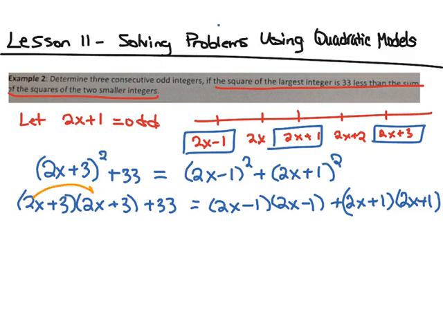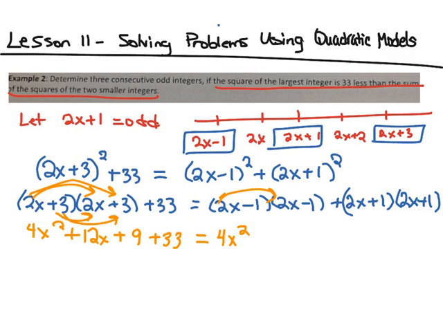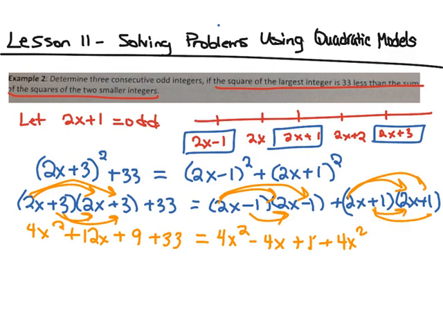When you distribute this all out, we have 4x squared plus 12x, so 6x plus 6x, plus 9, plus 33 is equal to 4x squared. Then we have minus 2x minus 2x is minus 4x, plus 1, plus 4x squared, plus 2x plus 2x is 4x, plus 1.